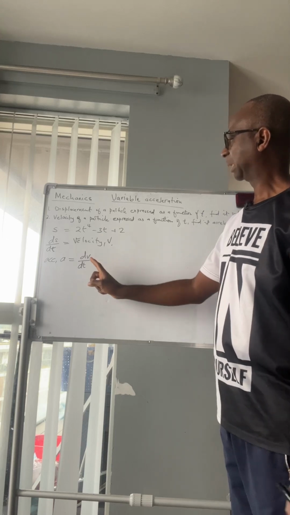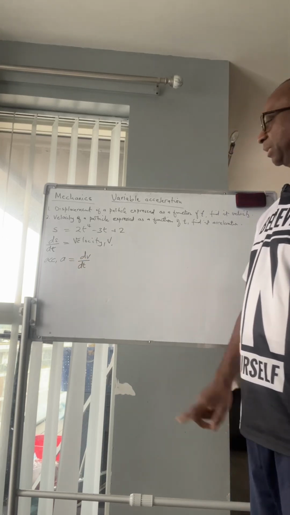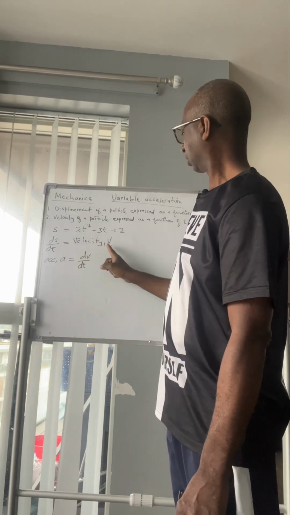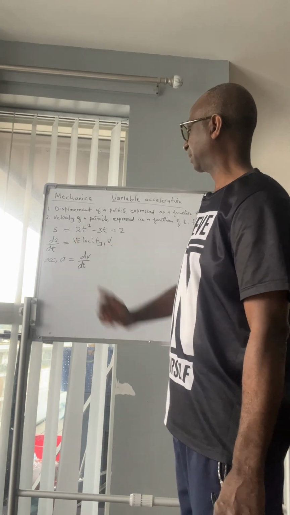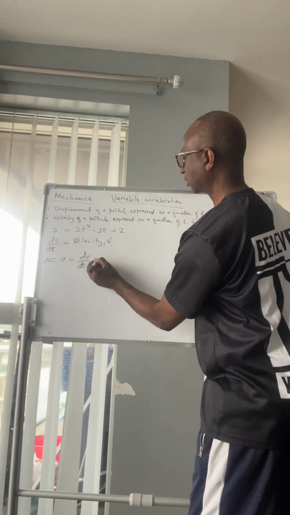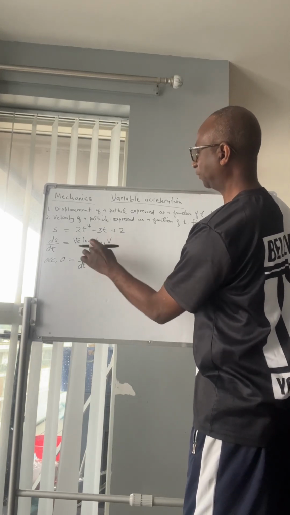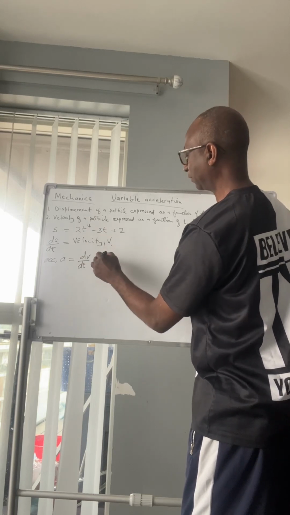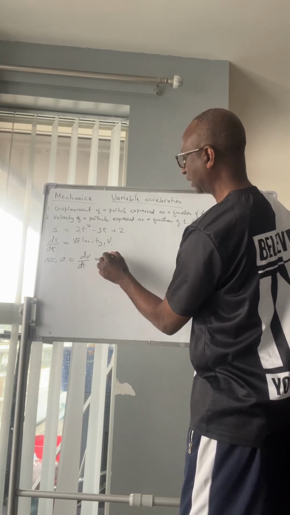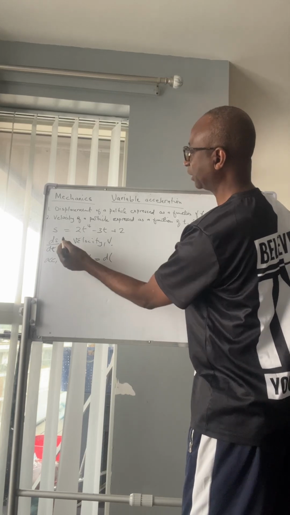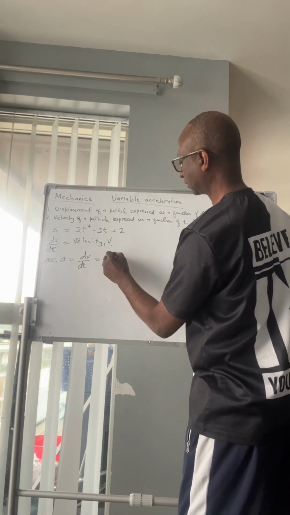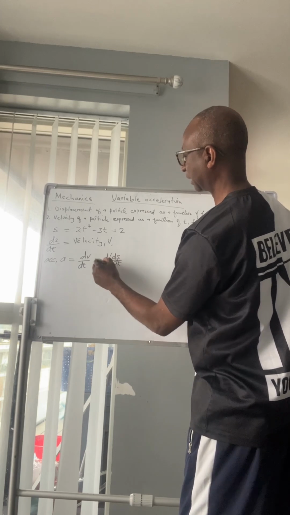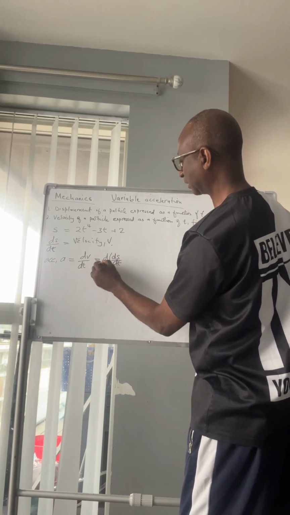So now, this is acceleration, dv/dt. But we have v as ds/dt. So if we substitute for v in this function here, what do we have for v? v is ds/dt, and for this one, the d/dt is still here.